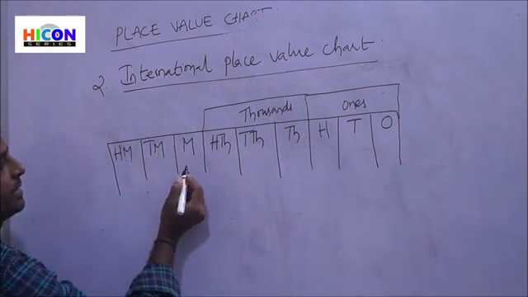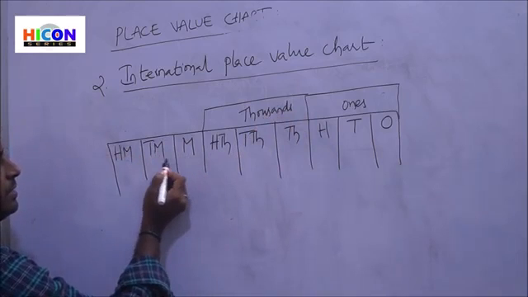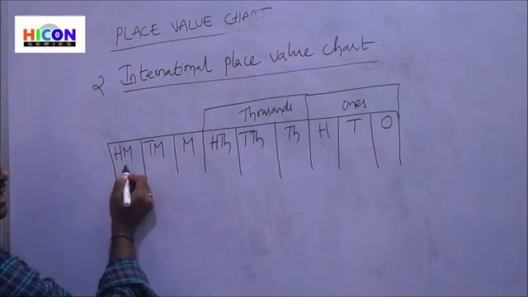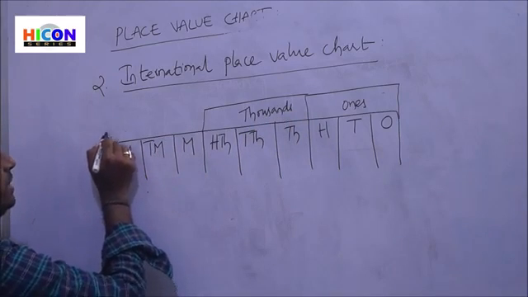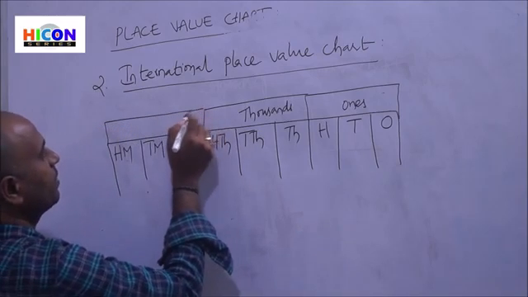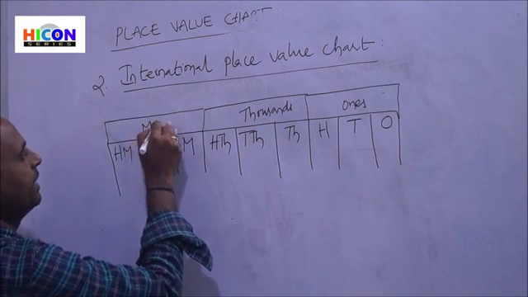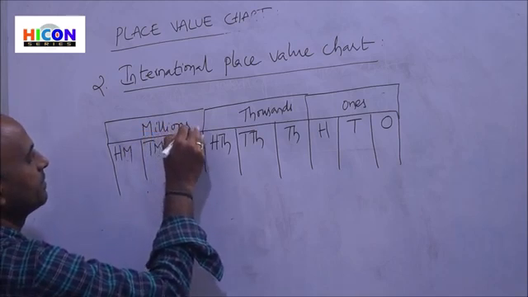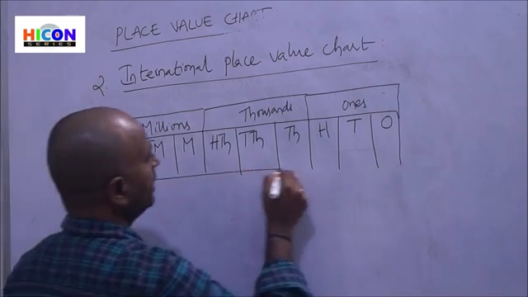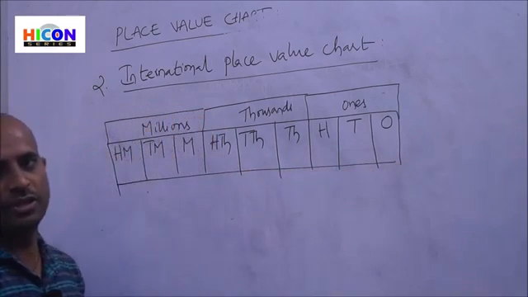And the next three places, that is millions place, 10 millions place, and 100 millions place, together are called millions period. So this is the international place value chart.